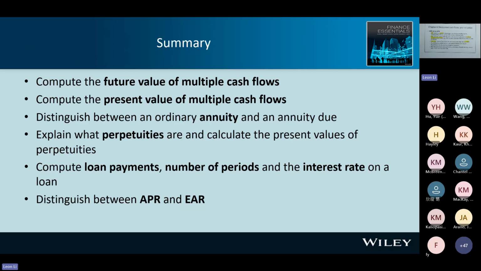When we do the time value of money calculation, we use the period rate. Period rate is APR divided by N. All right. I hope students now you know the difference between the APR and the EAR.